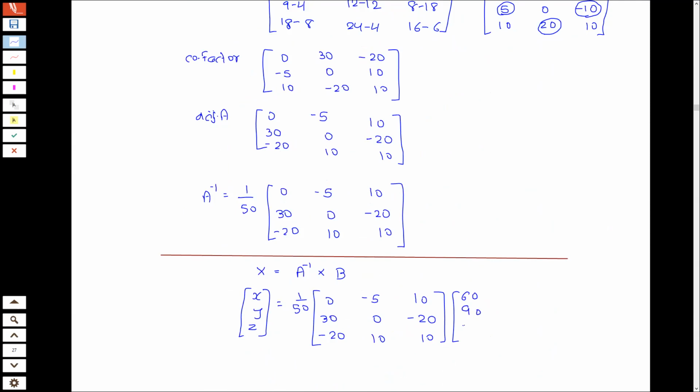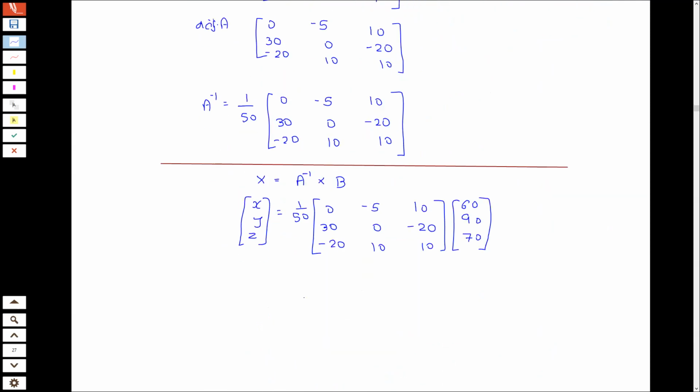60, 90, 70. And now we can multiply this 3 by 3, 3 by 1. If I multiply, I get a matrix of order 3 by 1.